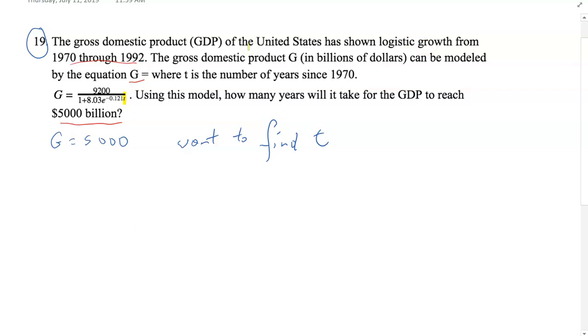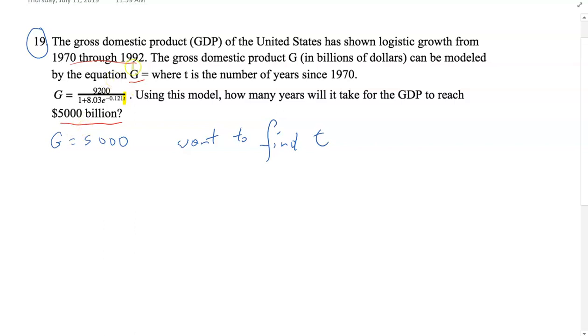The GDP, or G, in billions of dollars can be modeled by the equation G equals 9,200 over 1 plus 8.03 e to the negative 0.121 t, where t is the number of years since 1970. Using this model, how many years will it take for the GDP to reach 5,000 billion?